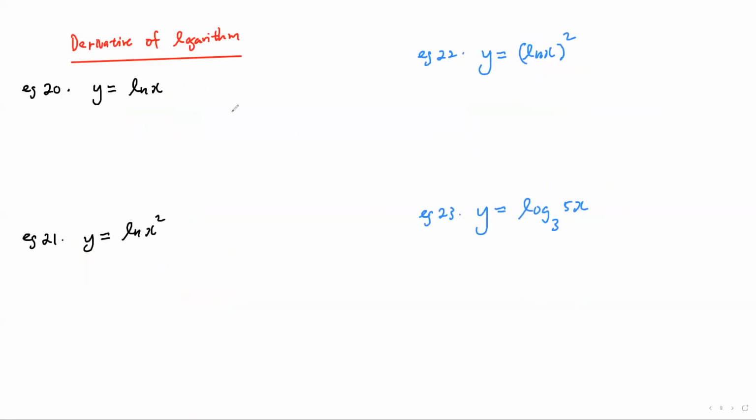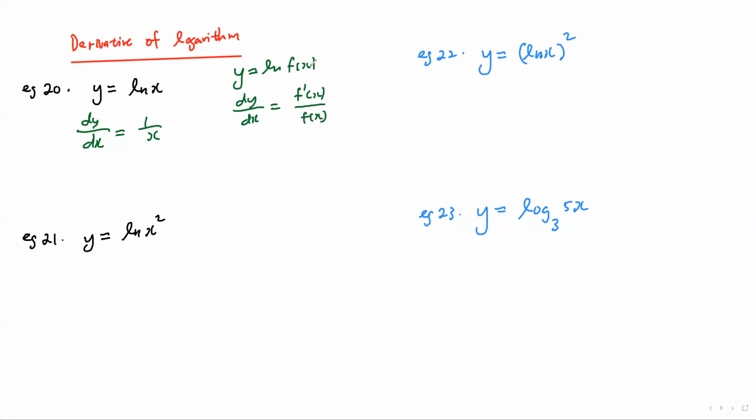Now let's look at how we can differentiate logarithm. The standard one is quite simple. y equals ln x, dy dx is just 1 over x. So in general, if you have y equals ln of f(x), the derivative of that would be f prime x over f(x).